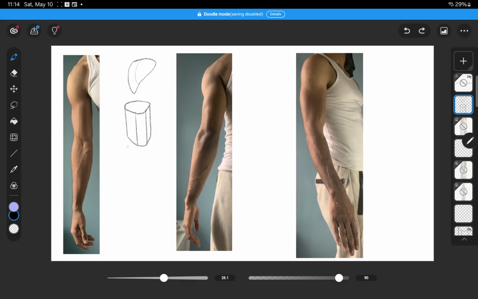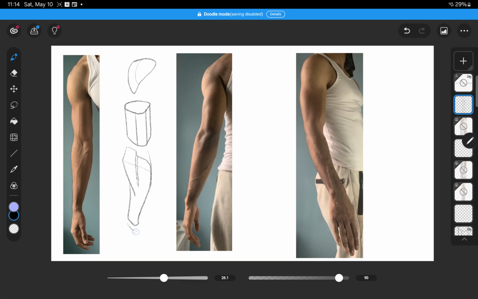Okay, so for that section, the bump is over here. Highest bump is there. Again, I'm not actually drawing these shapes when I actually draw the forearm. I'm just thinking about these shapes in my head, right?